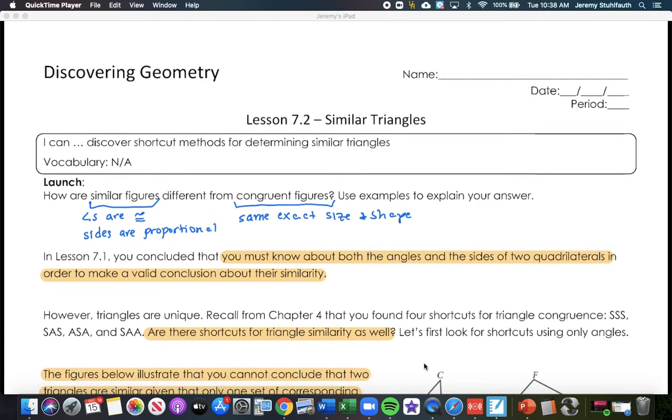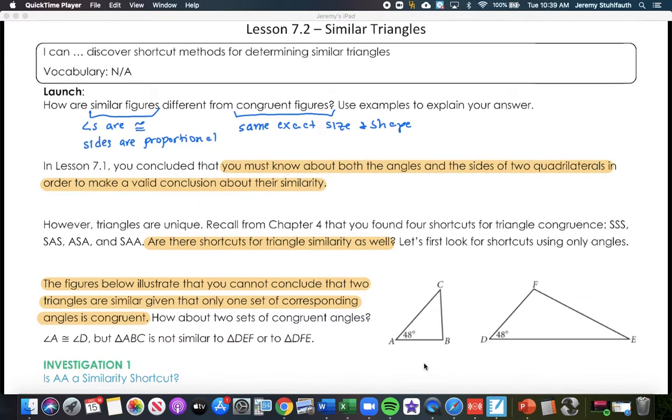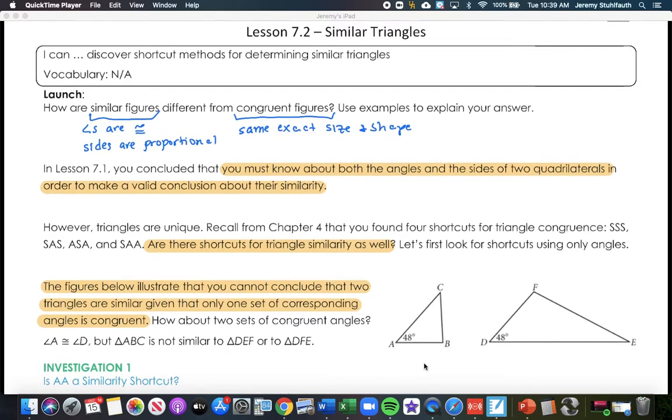Again, you'll see what I have highlighted here. You must know about both the angles and the sides of two quadrilaterals in order to make a valid conclusion about their similarity. So you need to know that the sides are proportional. An example would be a parallelogram where the angles are all the same as those of a slightly smaller parallelogram.